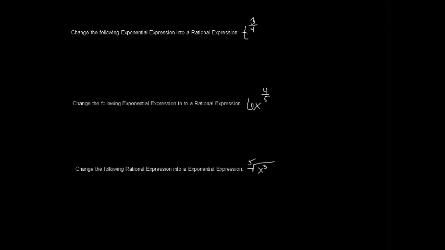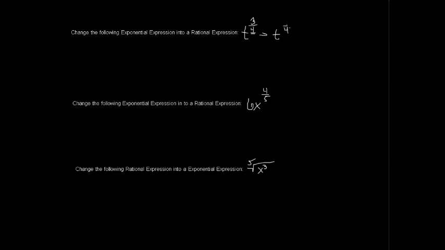When you have an equation like this one, and you want to change it from an exponential expression to a rational expression, this is how you've got to visualize it. You've got your variable or your constant, then you have your exponent, 3/4. The denominator, this 4 here, stays the same.